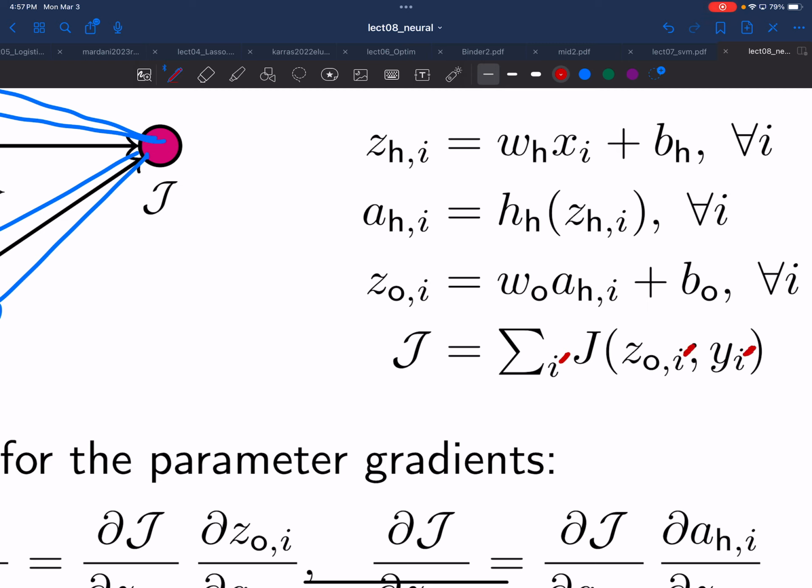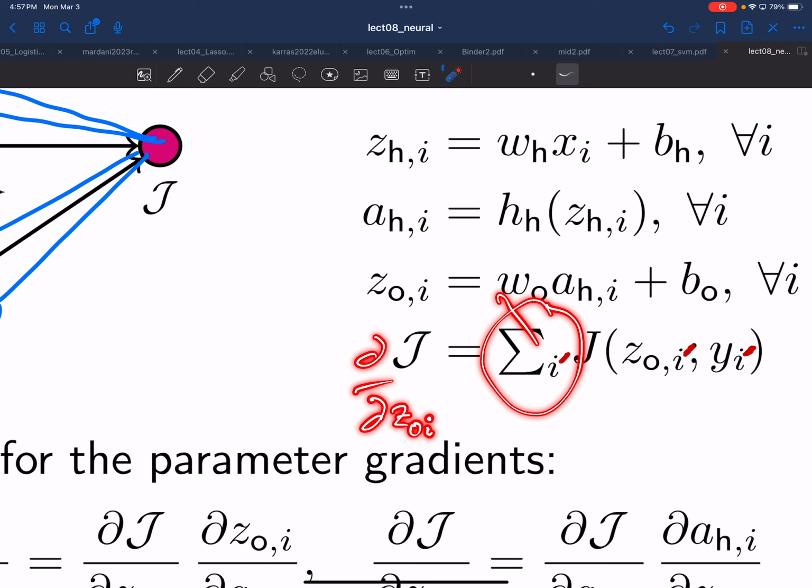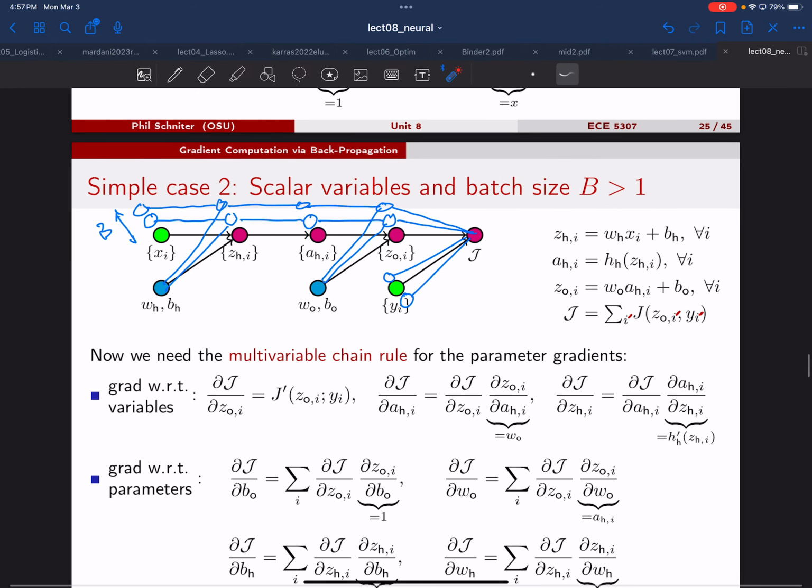And then if I do dz_O,i prime over d o_i, there's only one term in the sum that matches, where i prime matches i, and so we basically just get a scalar quantity. Okay, so that explained what happened over here. This is why the sum vanished. Any questions on that?